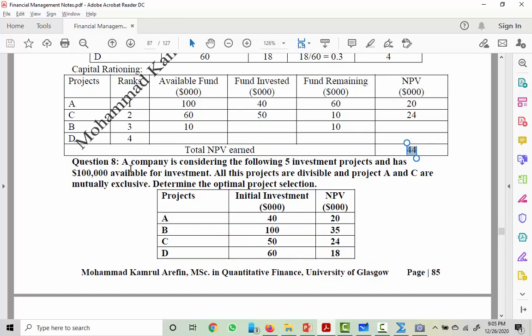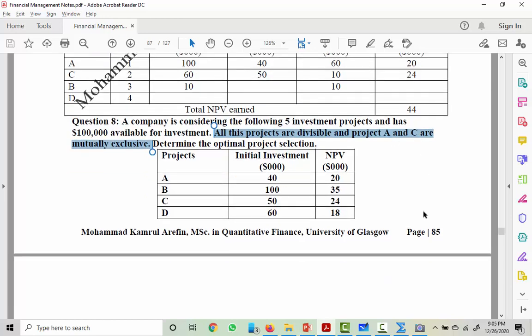Now let's see the next question. Same data, same question, only the condition is different here. It says that all these projects are divisible and project A and C are mutually exclusive.